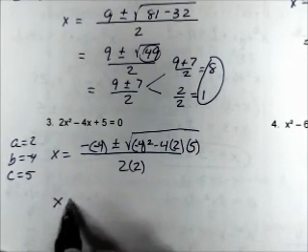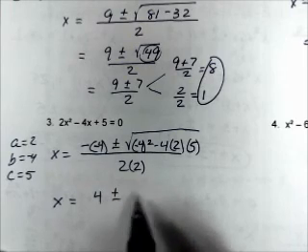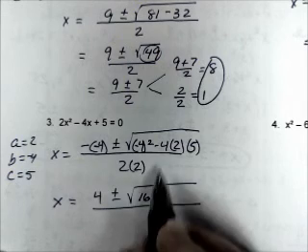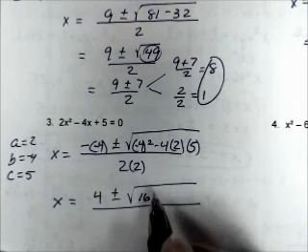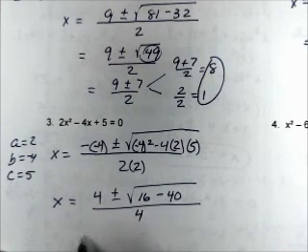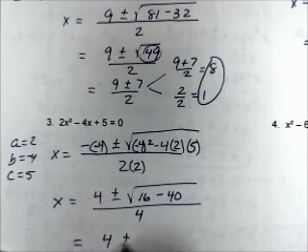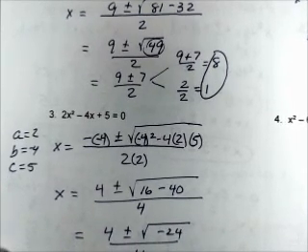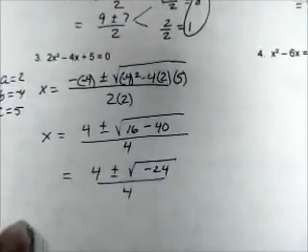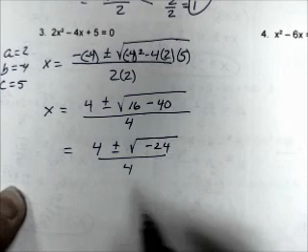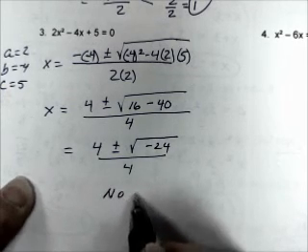Alright, so then this is a negative 4 is positive 4 plus or minus the square root of 16 minus 40 all over 4. It's 4 plus or minus the square root of negative 24 all over 4. Square root of negative 24 is not a real number, so there's no real solution.